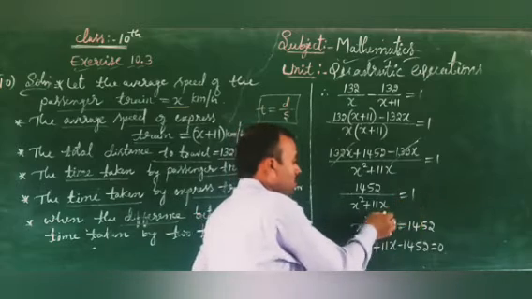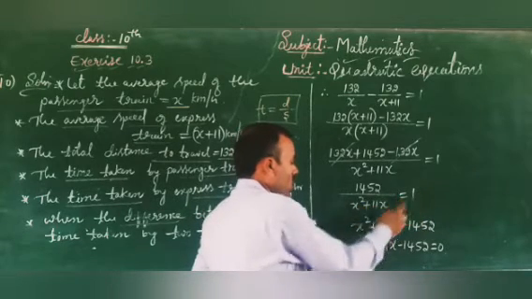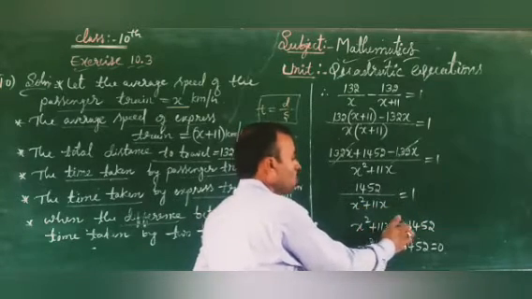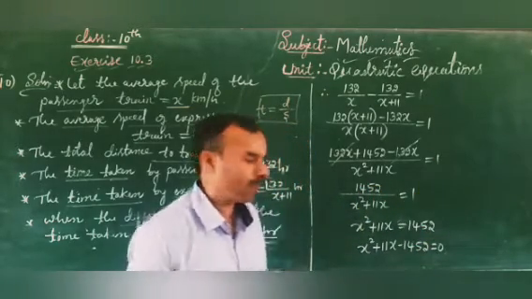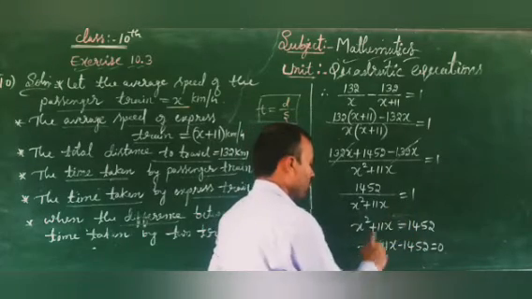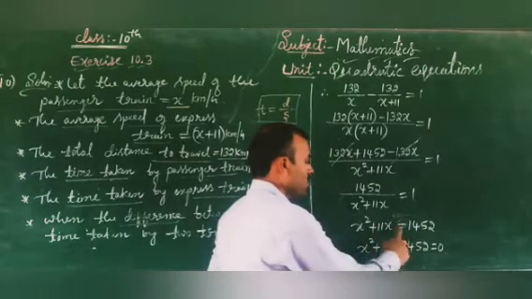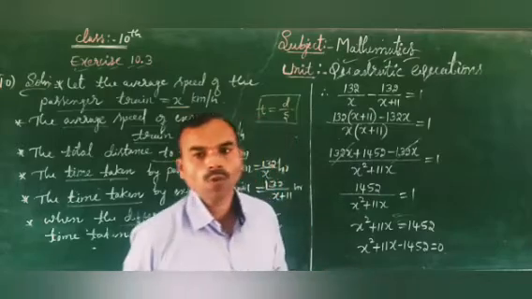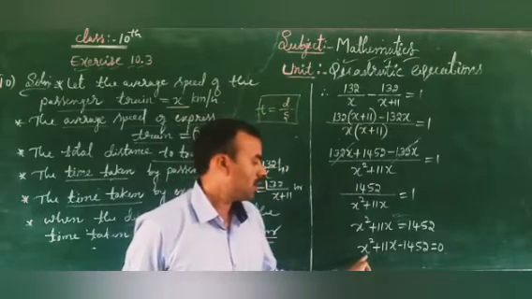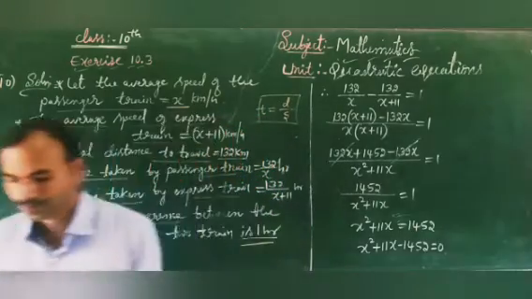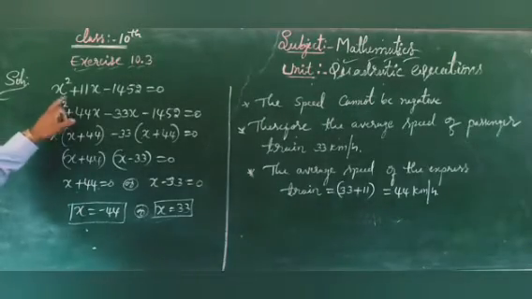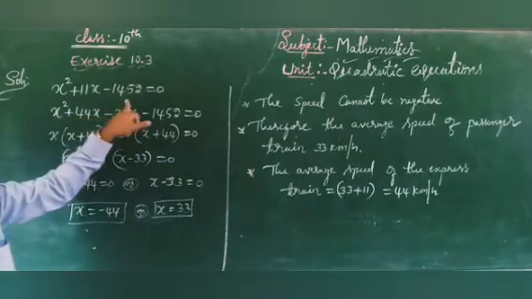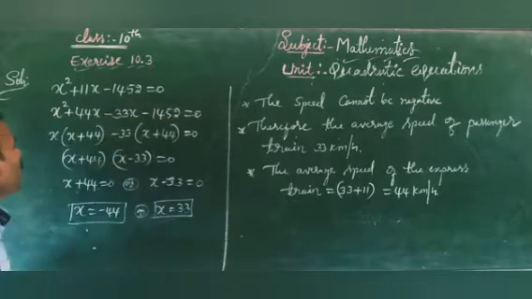Taking cross multiplication, x square plus 11x into 1 equals 1452 into 1, that is 1452. Transpose to the LHS: x square plus 11x minus 1452 equals 0. Now solve this expression. Factorize x square plus 11x minus 1452 equals 0.